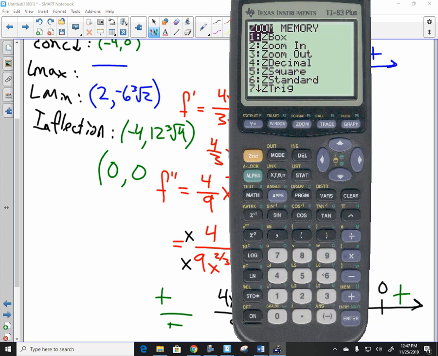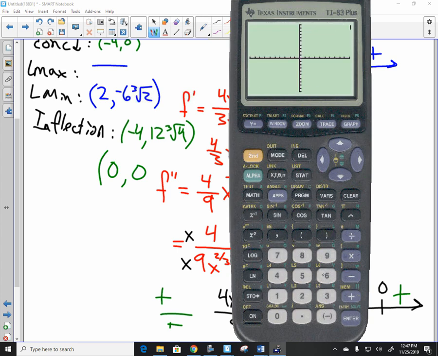Zoom 6. Let's see the picture. Look at that crazy shape. Now look at how it starts. Look at how it starts. Right here, concave up or concave down?